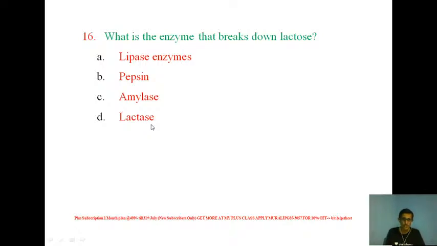What is lactose? Anyone can answer. So the answer is D, lactase. What is lactose? Is it milk sugar or milk protein?